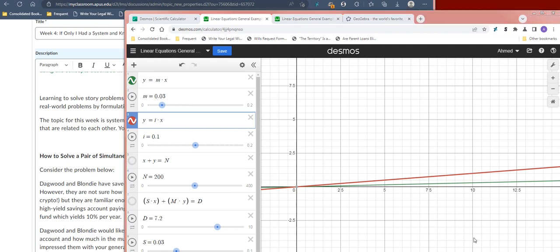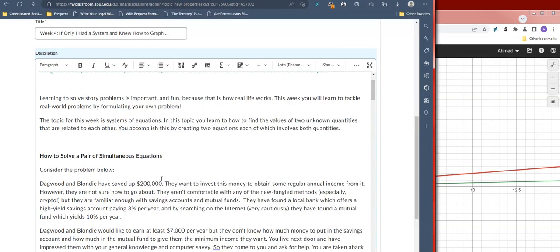Okay, so it's great that we have two investments represented by two straight lines, but so what? How does that help us? Well, what is the problem that we are trying to solve? The problem that we are trying to solve is that Blondie and Dagwood want to invest their money into two separate investments at different interest rates because they're trying to manage their risk or their downside.